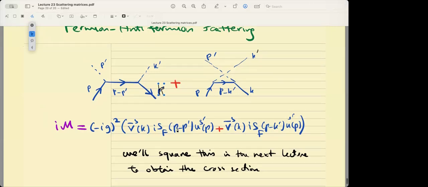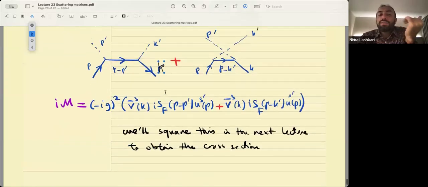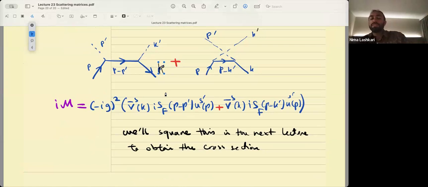All right. So we said that the object of interest is going to be sigma, which is the square of this, right? We're going to come back to this later and calculate the scattering matrix. But for now, I'm just going to summarize what we went over. I started by talking about the Källén-Lehmann representation.